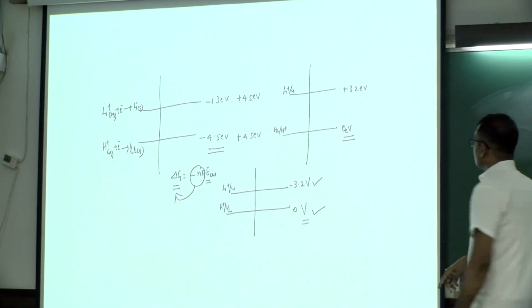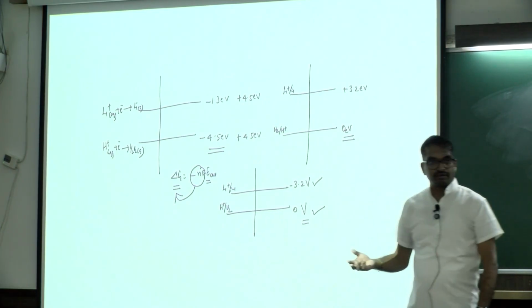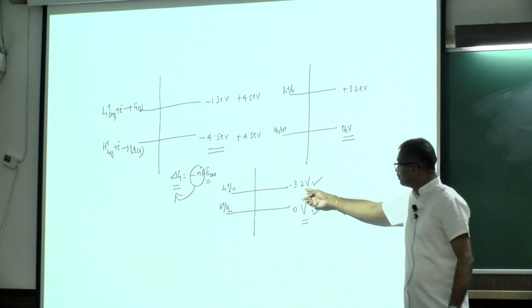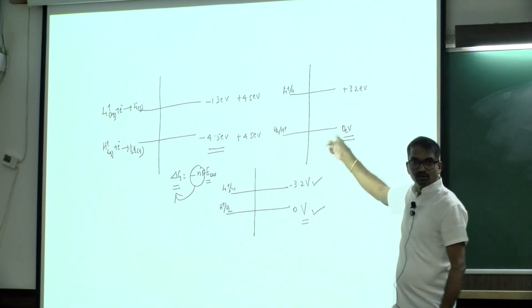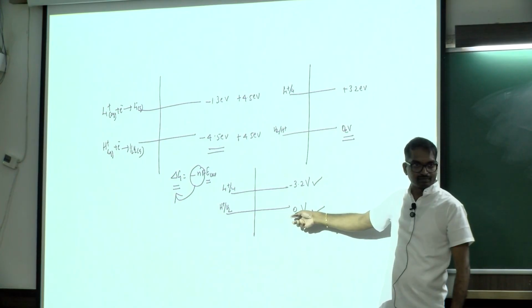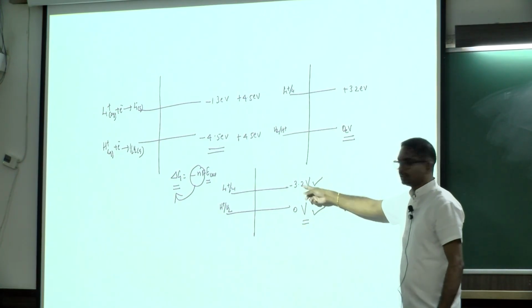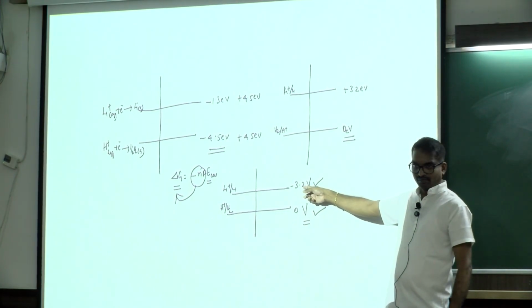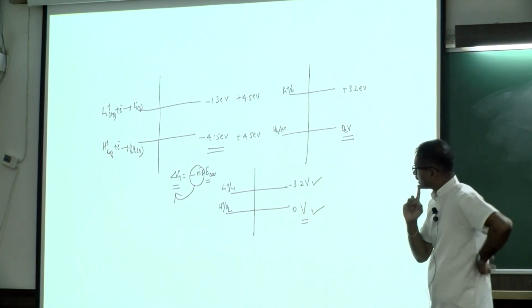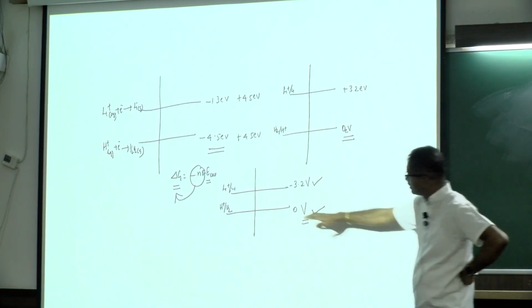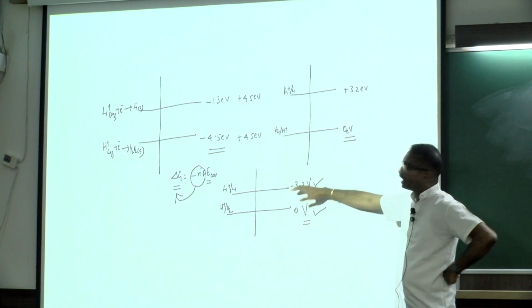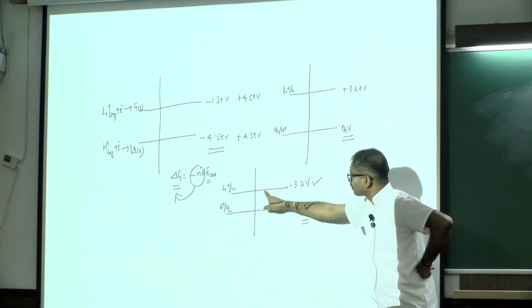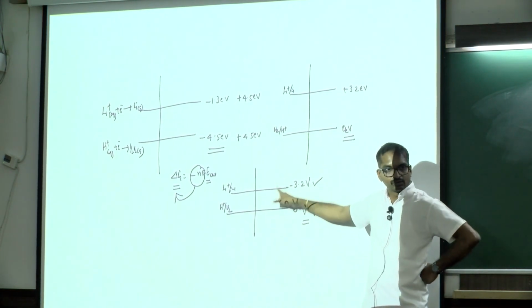So, for 1 mole of species you will get the same value with only the sign changed. Now you see this is 0 volt, and this is minus 3.2 volt, and we know this one is more electropositive than this.